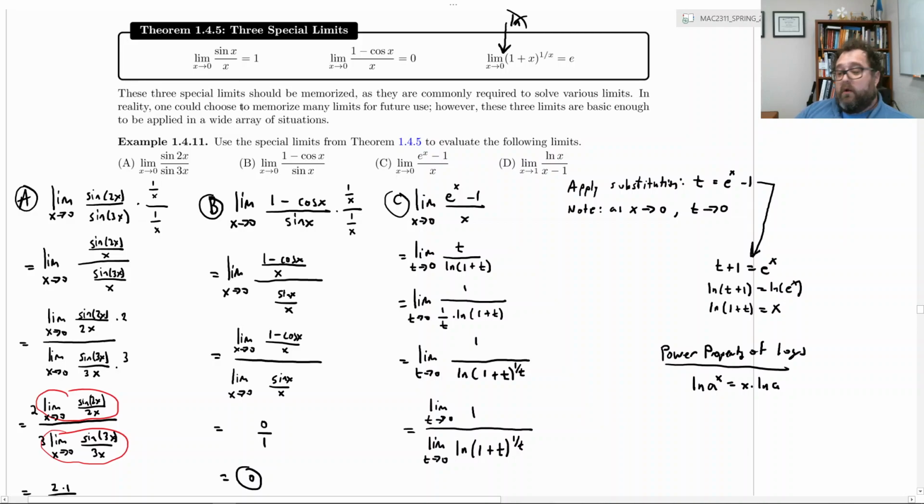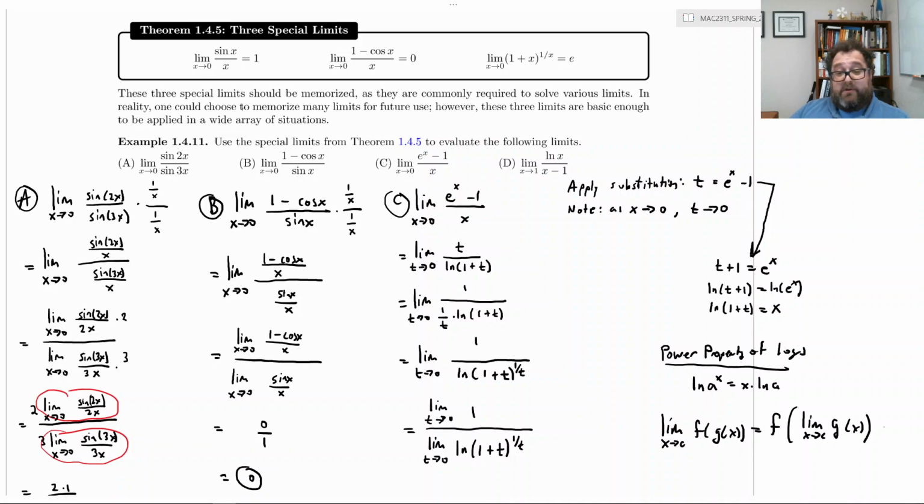But I do have one more property of limits that's going to help us out. And we haven't used this one recently. It's the composition property of limits. What does the composition property say? The composition property says if you have the limit as x approaches c of f evaluated at g of x, you could take the limit of the inside function first, and say this is f evaluated at the limit as x approaches c of g of x, provided that f is defined at that limit.